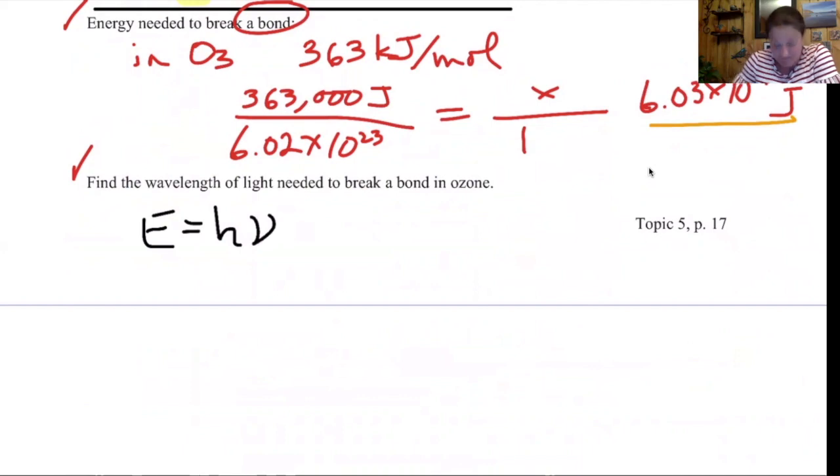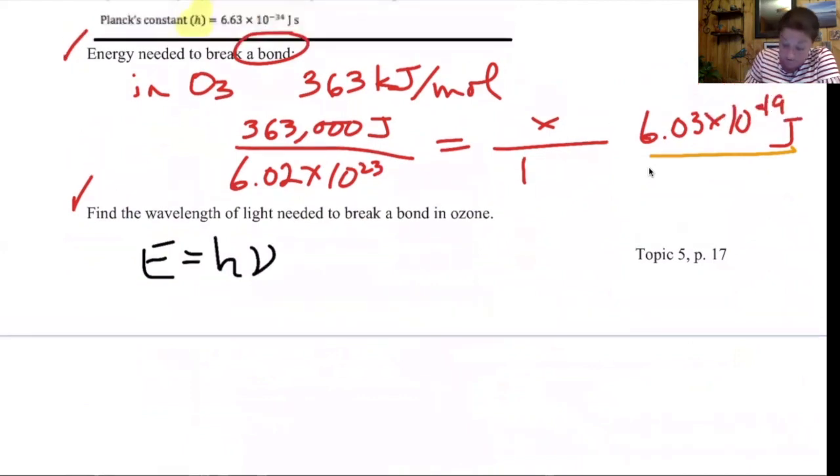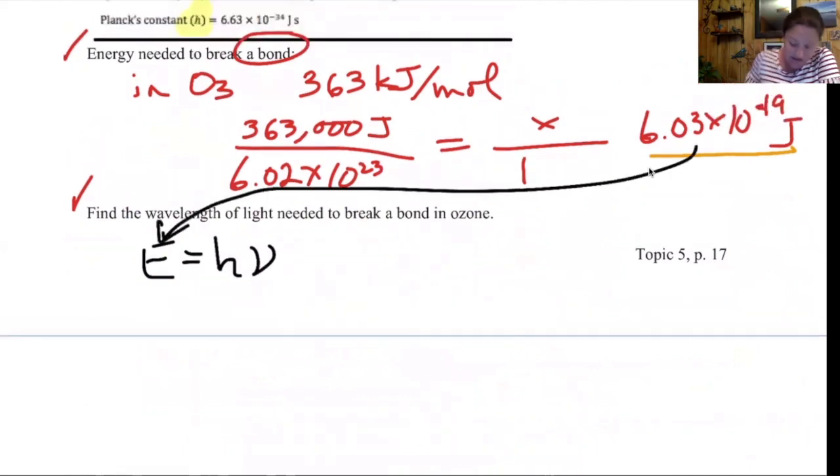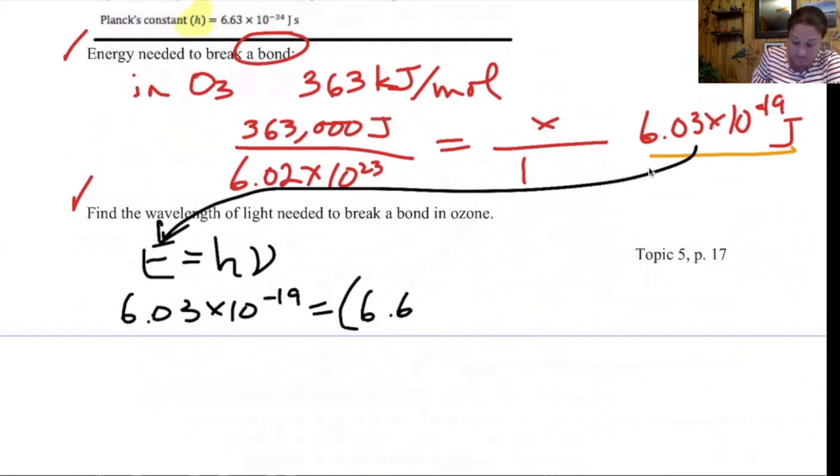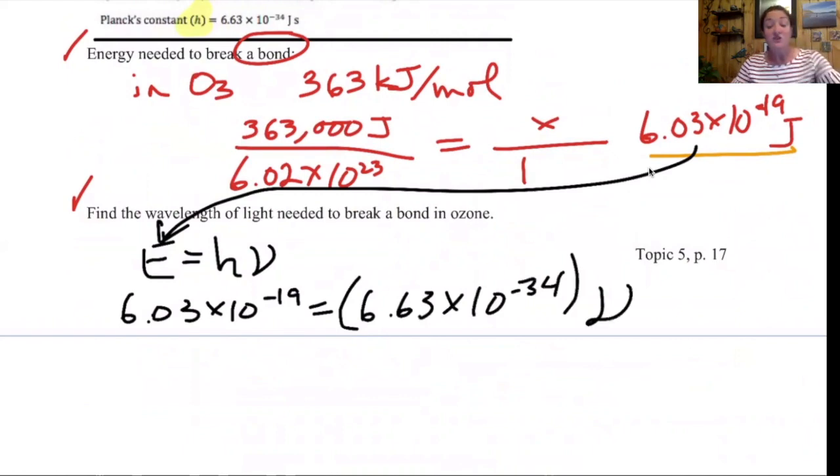E is energy, and it needs to be in joules per one photon. So I can take this value and plug it in there. h is a constant from table 2. And what this is going to give me is nu, which is the frequency of light.